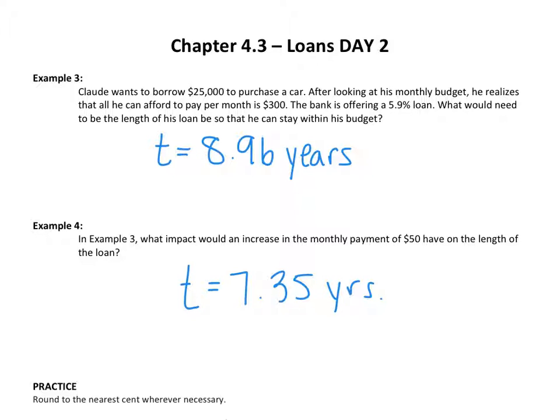So that is a huge difference. That is why it is always good, if you can afford it, to pay more than the minimum payments. Because if you pay more, it drastically decreases the amount of time that you're paying off the loan. Look here, it goes from almost 9 years to just over 7 years. That's a huge difference in how much time he has to pay the loan.